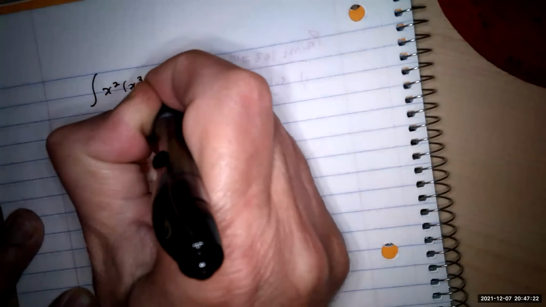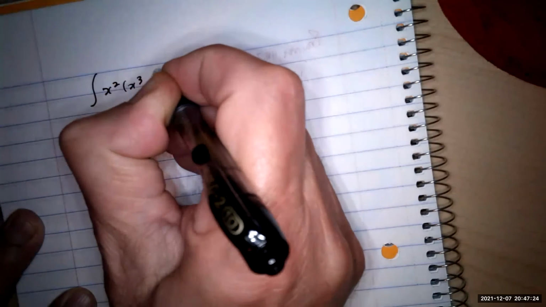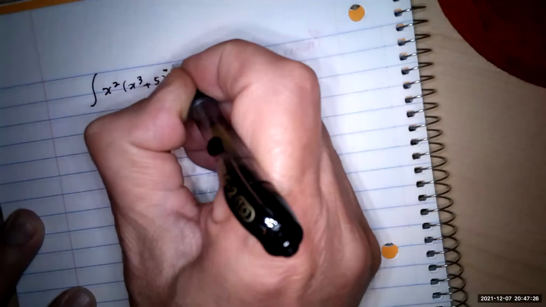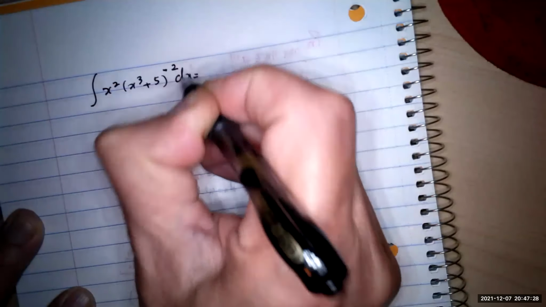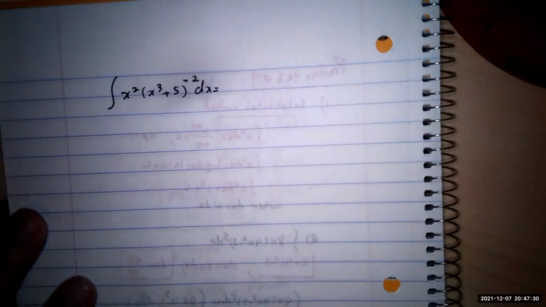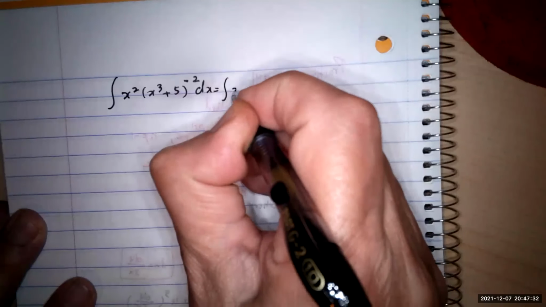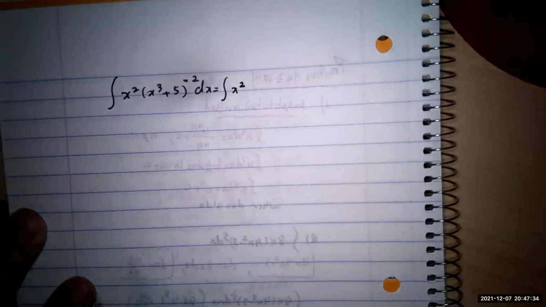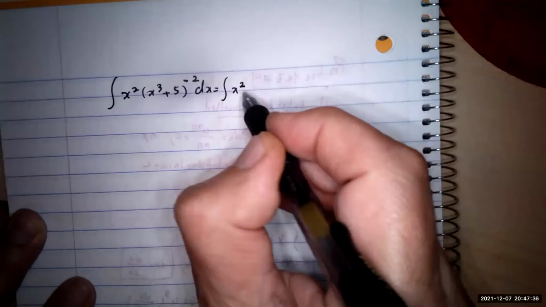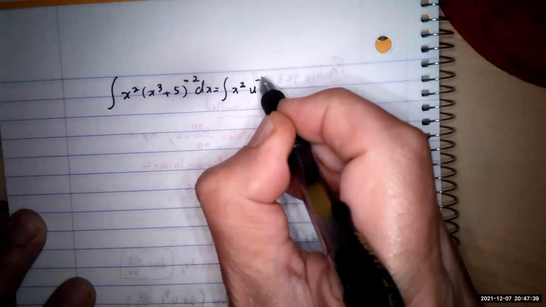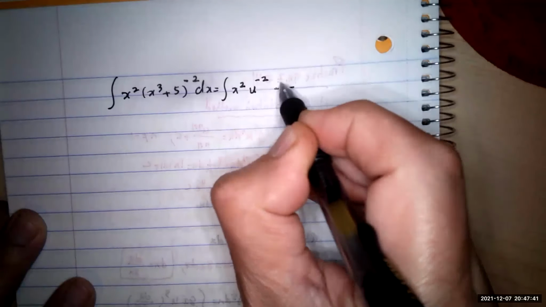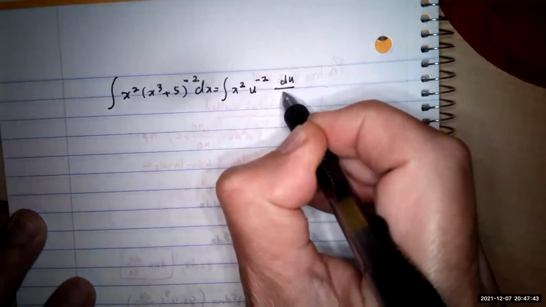So this is it. I have x squared times (x cubed plus 5) to the negative 2 dx. Now I substitute. I don't have anything for the x squared, but it's going to be canceled out. The inside is u to the negative 2. The dx is du over 3x squared.